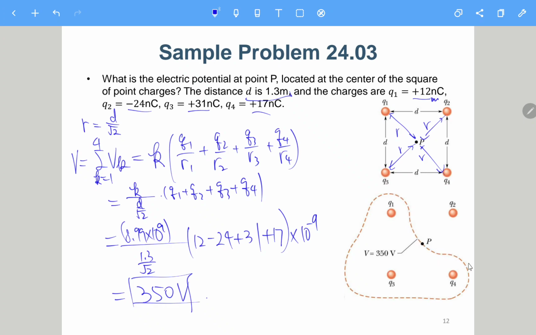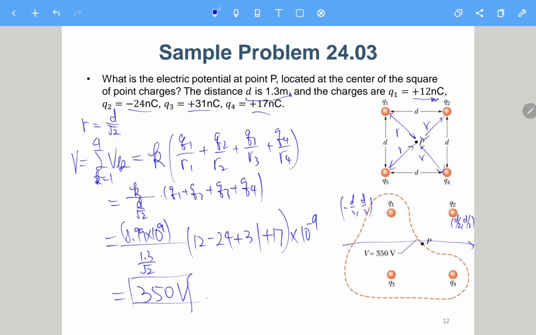Don't ask me why the shape will be like that. If you really need to know, then you probably need computer software to do so. You take, for example, this coordinate axis, and assume this is d over 2, and this is negative d over 2, and so on.